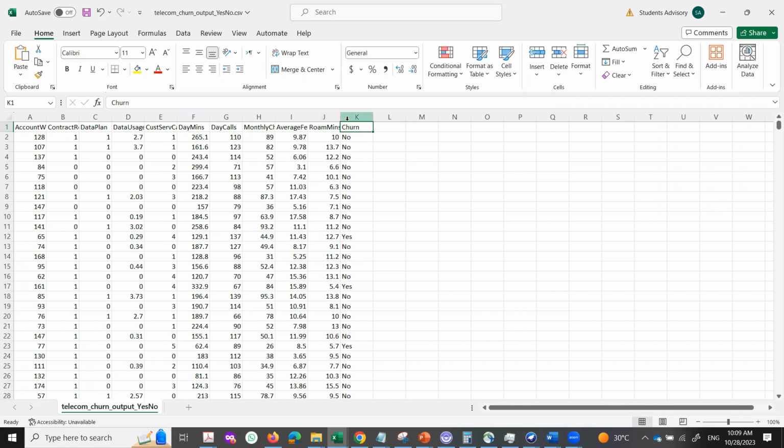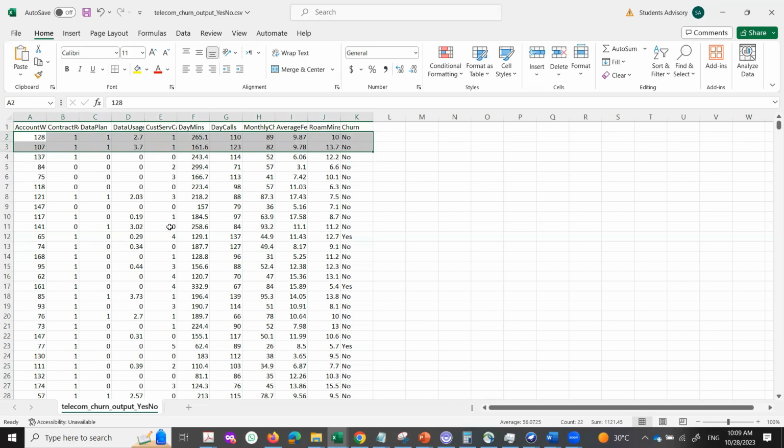Oh, this customer might run away or he might not run away. Sometimes you might not need all these features. Three or four of them might be enough to determine which customer will run away or will not run away. So once you are able to identify the attributes you want to use, then you seek out to look for a data set. Or you already got the data set, you have to analyze the data set.